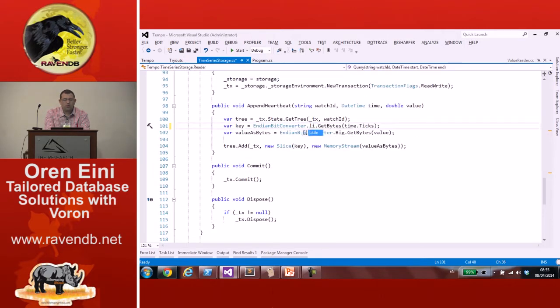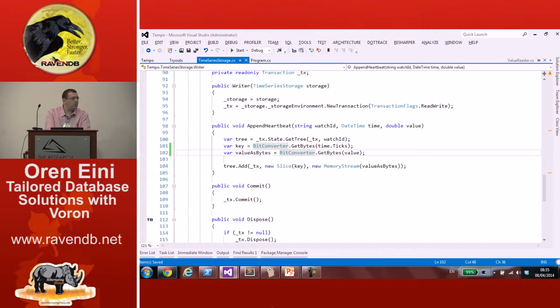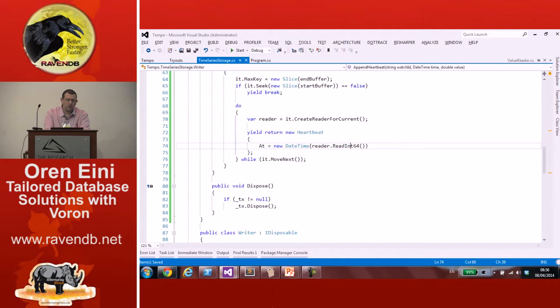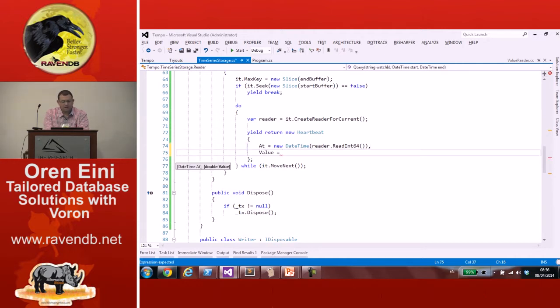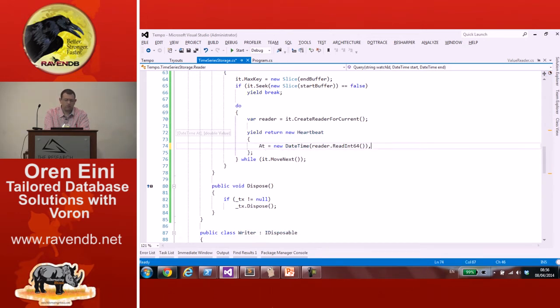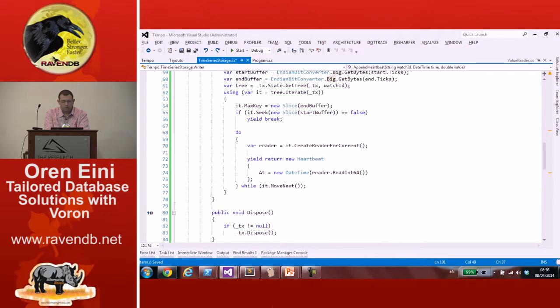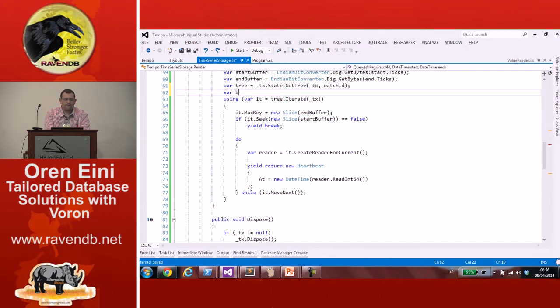There is a small inconsistency here. Please ignore that I'm doing that. When we're reading from a value in here, we're using little endian semantics. I'm not going to do that. I'm going to do that properly.